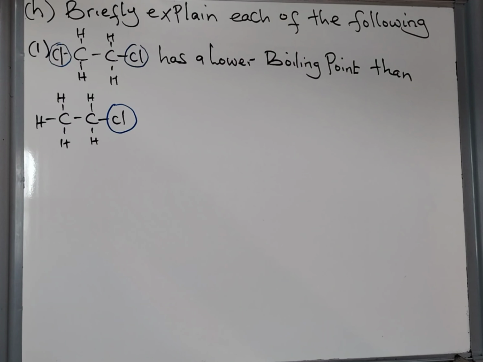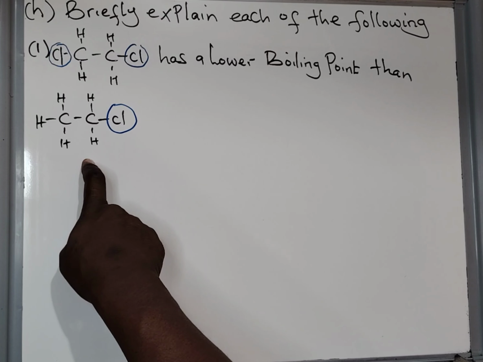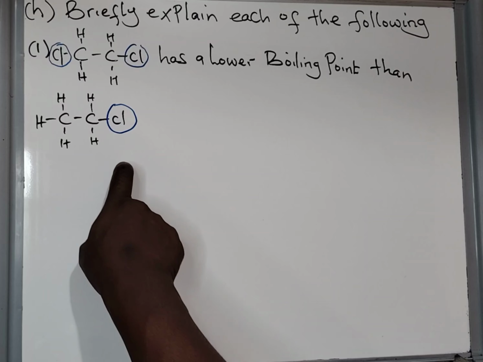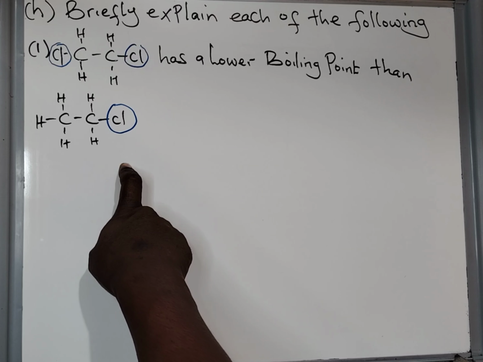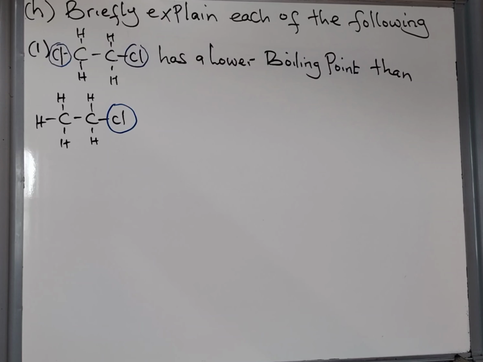And if it's nonpolar, what does it mean? It means that the intermolecular forces between its molecules are weaker compared to this one, which is polar, because this one is non-symmetrical. And what comes with polar are strong intermolecular forces, which lead to a higher boiling point.